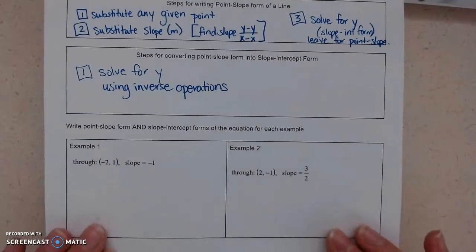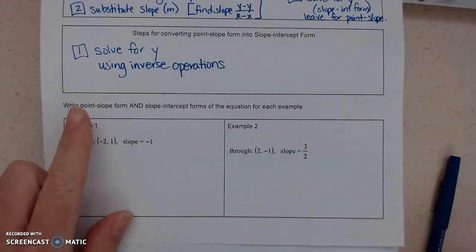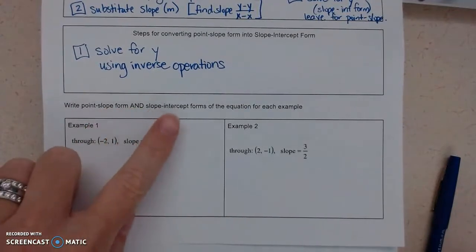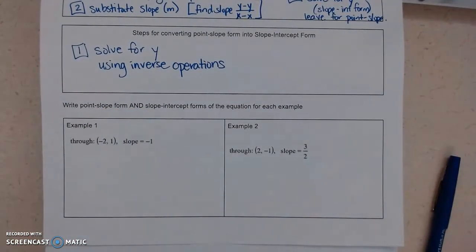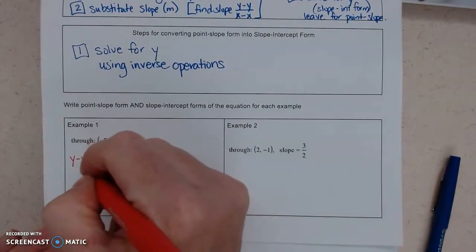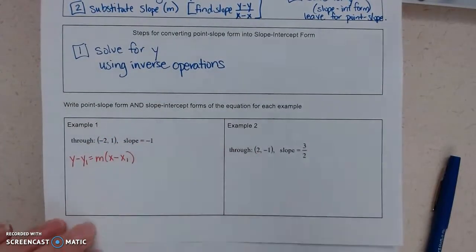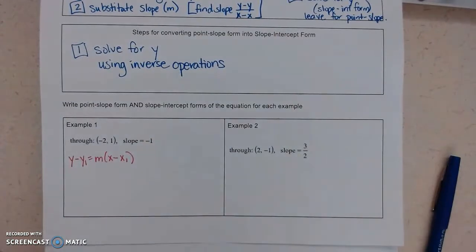Okay, so let's look at our first example. They want us to write both the point-slope form and the slope-intercept form of the equation, so it's kind of like 2 problems in one. First I'm going to start with point-slope form: y minus y1 equals m times x minus x1. This is generally an equation that you'll memorize.